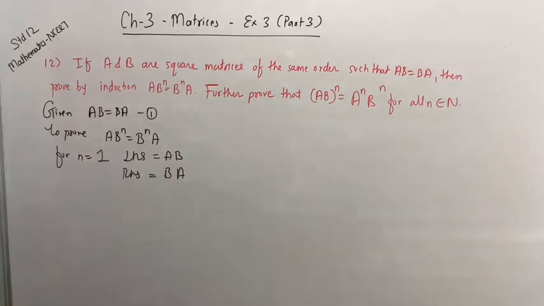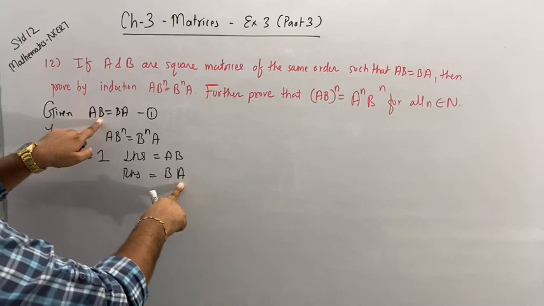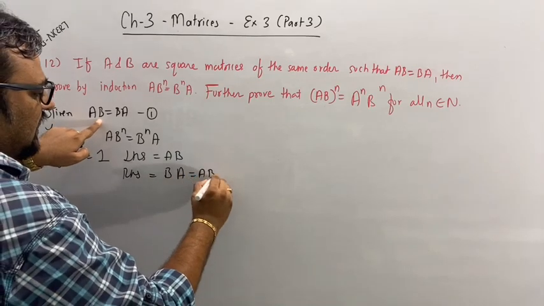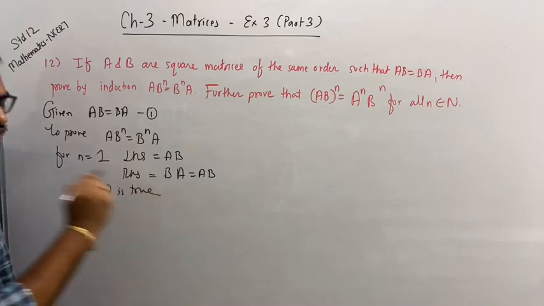LHS is AB raised to 1, that is AB, and RHS is BA. Now what is BA? This is equal to AB, that is given.